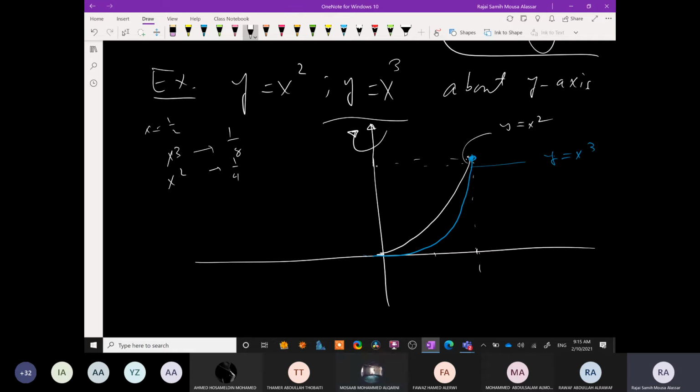Okay, so let's see. Now, if this point rotates, this point here should come here. You agree with me, Shaban? Okay, and now if you want to continue this, and this comes as such, and this comes... I changed the color.